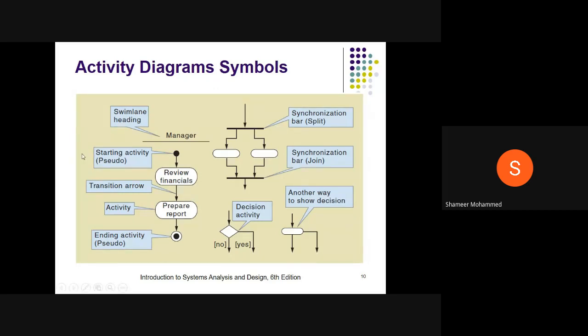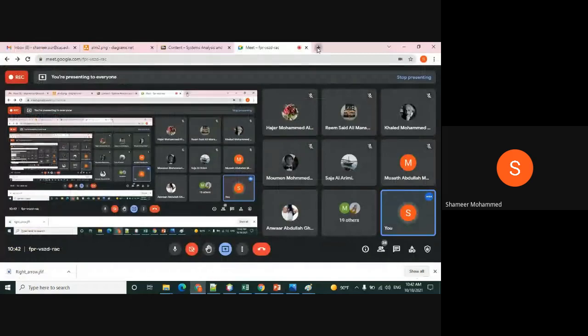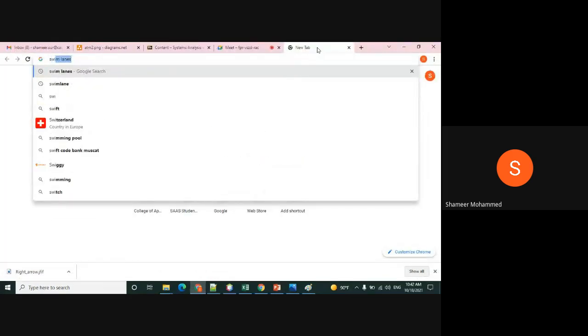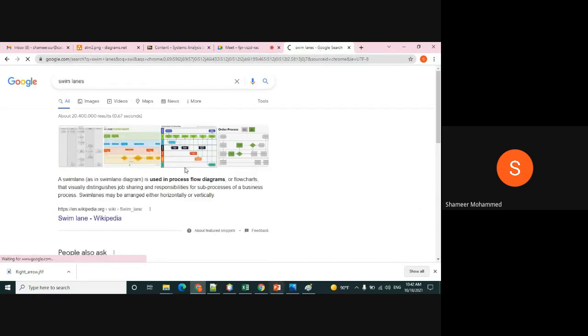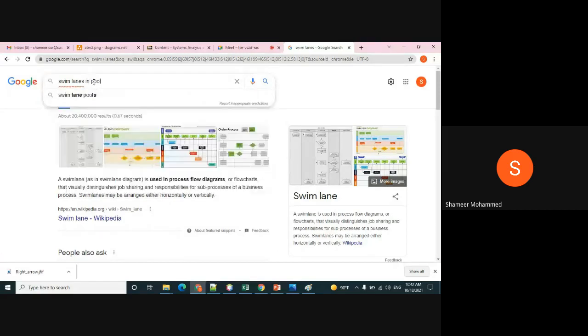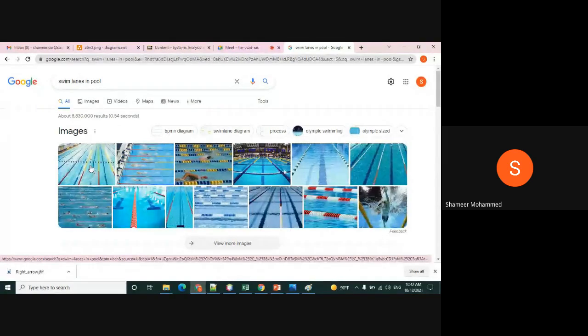And this notation shows that this is the swim lane heading. What is the swim lane? I will show you. You know swimming, no? This one. This is called swim lanes.